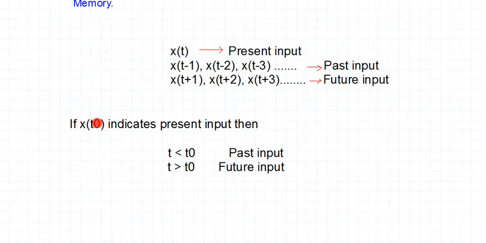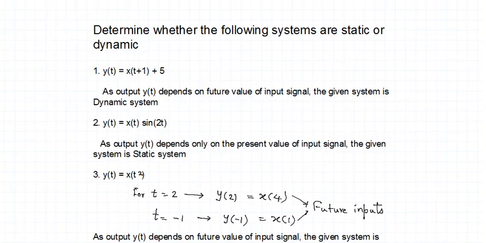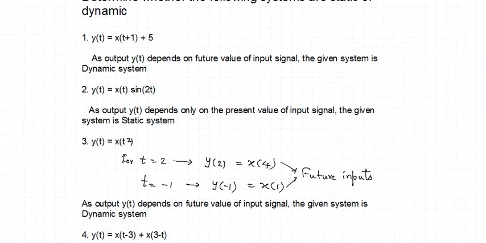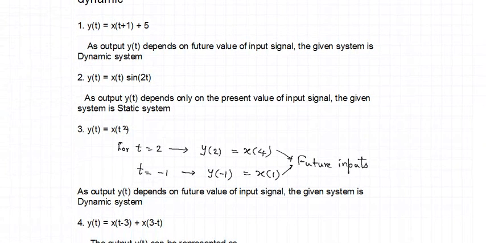So x of 4 means a time instant greater than t naught, and hence there is a future input involved. What we understand here is that with the present time instant t equal to 2, the present output y of 2 is dependent on the future value of the input.